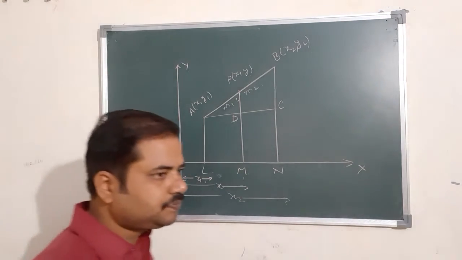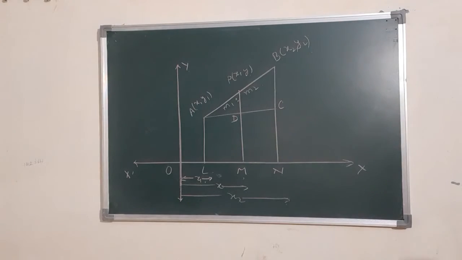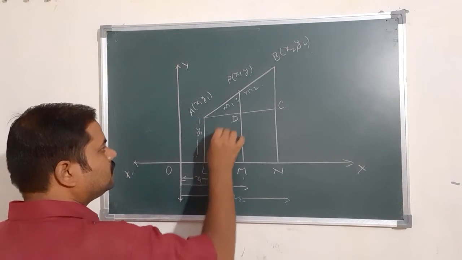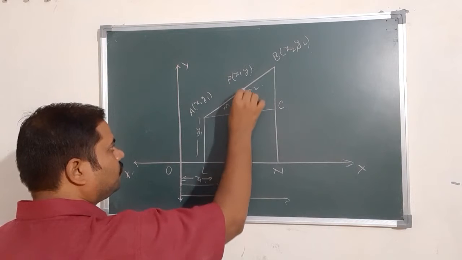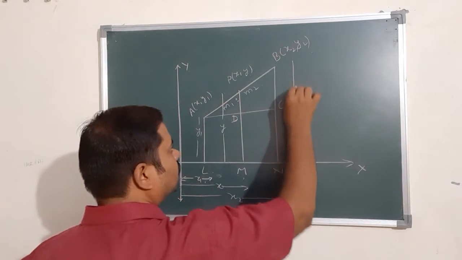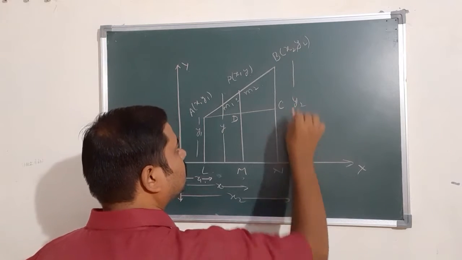Now this is the point y1, this is the point y, and this whole is y2.